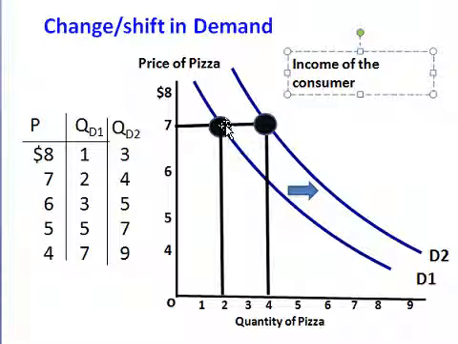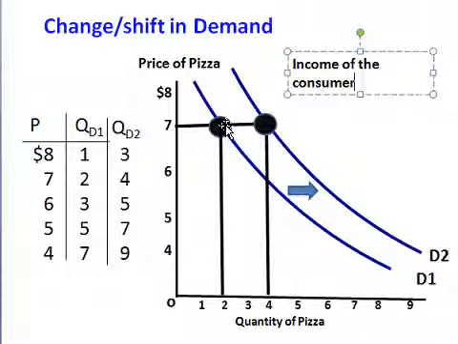No, he cannot buy more, because income has gone up and the price of pizza has also gone up. As a result, he cannot buy more. He can buy more only when the price of pizza remains unchanged but the income of the consumer goes up.